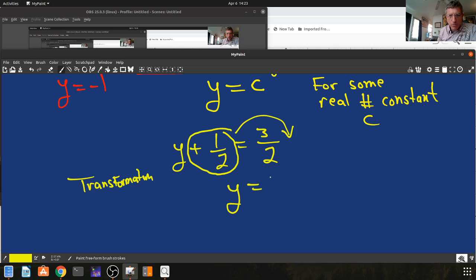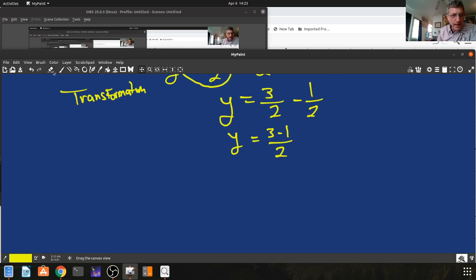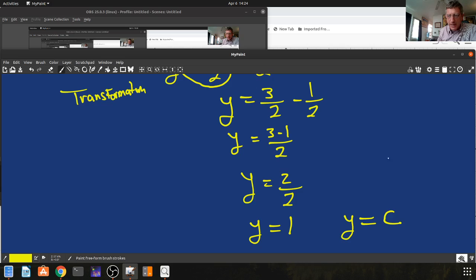That's the same thing as y is equal to 3/2 minus 1/2, which is the same as y is equal to 3 minus 1 over 2, which is the same thing as y is equal to 2 over 2, which is the same thing as y is equal to 1. So through algebraic transformations, I was able to transform it into y is equal to c. In this case, c is equal to 1.